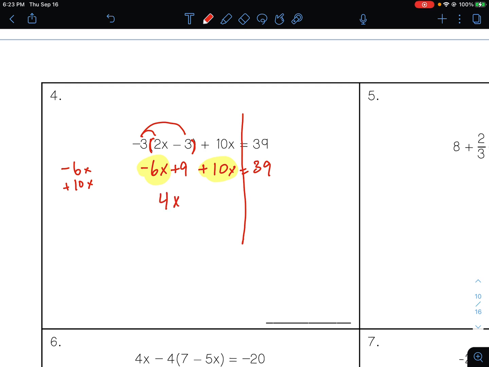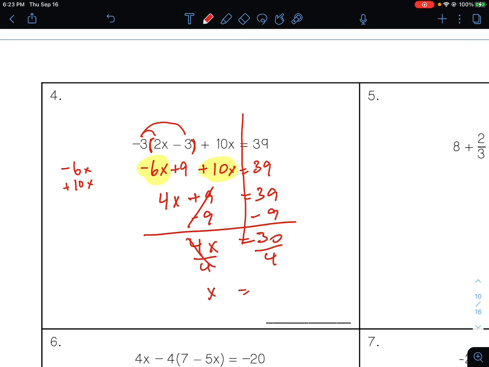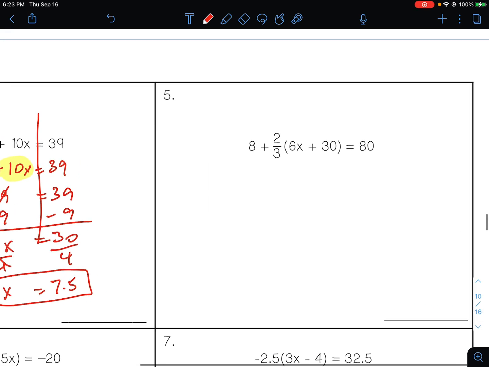So we have 4x and it's positive. Bring down the plus 9 equals 39. Now get rid of the plus 9 by subtracting 9. Subtract 9 from there. That equals 30. 4x equals 30. Divide by 4. 30 divided by 4 is, gosh, I think that's 7.5. 7.5. That's our answer.